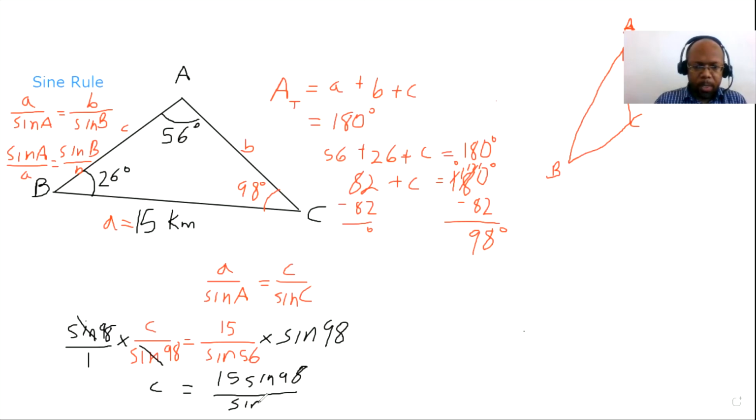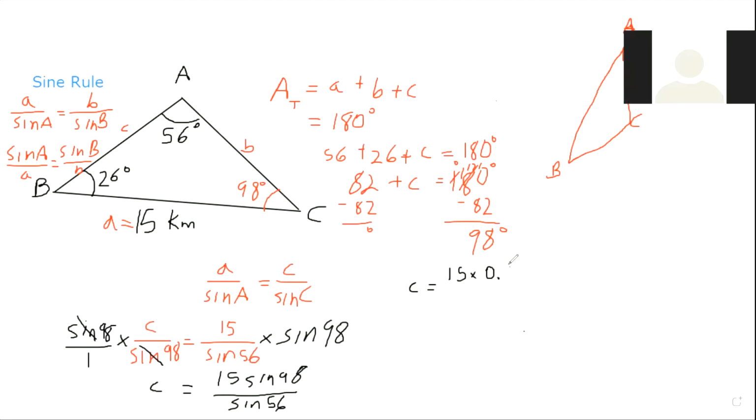Okay, guys, now here's your task. You have to find sine of 98 to 3 decimal places, and we have to find sine of 56 to 3 decimal places. So let's do the sine of 98 first. What do we get? 3 decimal places. 0.999.